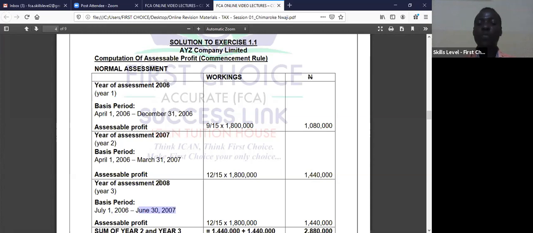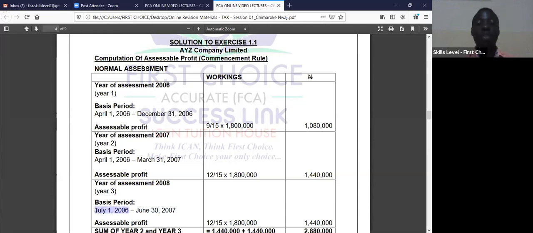So you must not find anything 2008 here in this basis period. Everything must end in 27. Now, the third thing it must comply with is that it must be 12 months long. So that means that if this ending date is June 30, 2007, count 12 months back, you arrive at July 1, 2006.